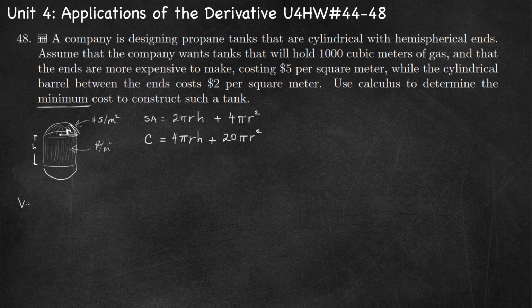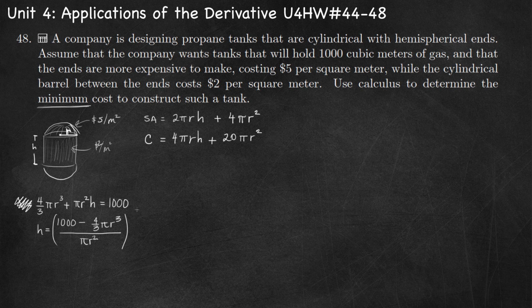So the volume of this thing would be the volume of the sphere, which is 4/3 pi r cubed, plus the volume of the cylinder, which is pi r squared h. That's going to equal 1,000. So now we can solve this for h. h equals 1,000 minus 4/3 pi r cubed, over pi r squared.